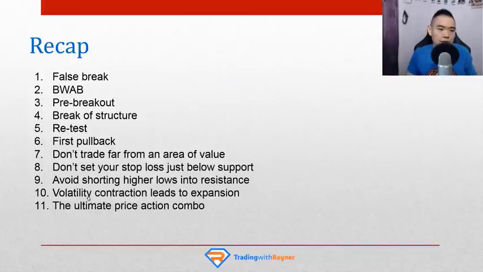Number 10, volatility contraction leads to expansion. You can see that I have difficulty pronouncing the word volatility. Contraction leads to expansion. And when you want to find favorable risk to reward trades, it's during low volatility market conditions. And finally, we spoke about the ultimate price action combo, how to have multiple plans of attack and not be a one-trick pony.